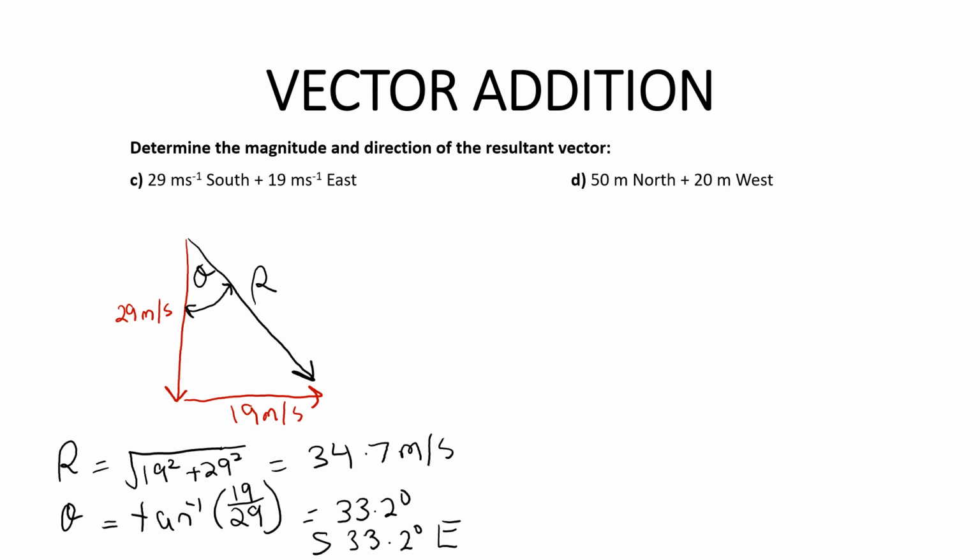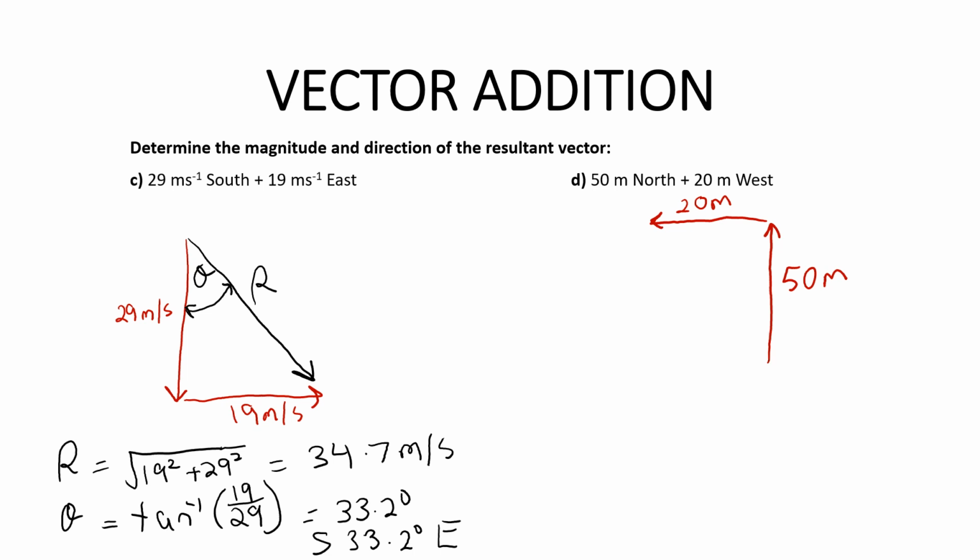Question D, we have 50 meters north plus 20 meters west. So in this case, we have 50 meters north and then 20 meters west. And the resultant is from the start to the end.